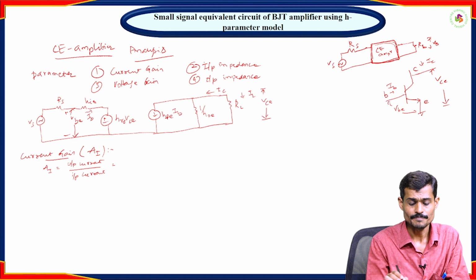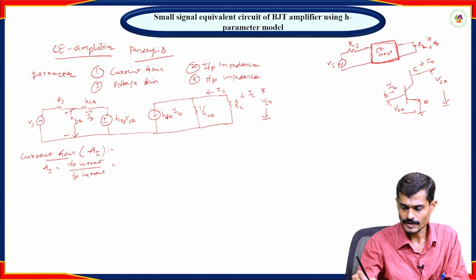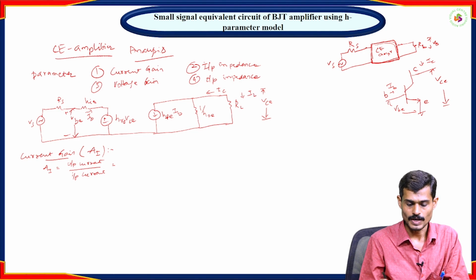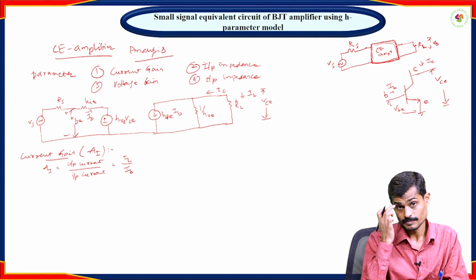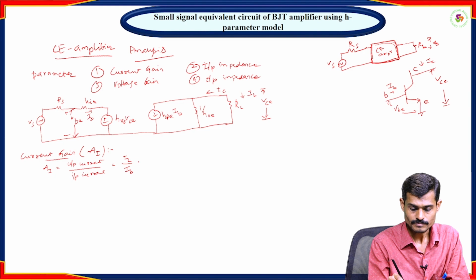Where are you taking the output here? Actually, you are taking output at the load, IL. So I am representing it as IL divided by input IB. That is AI equals IL by IB.